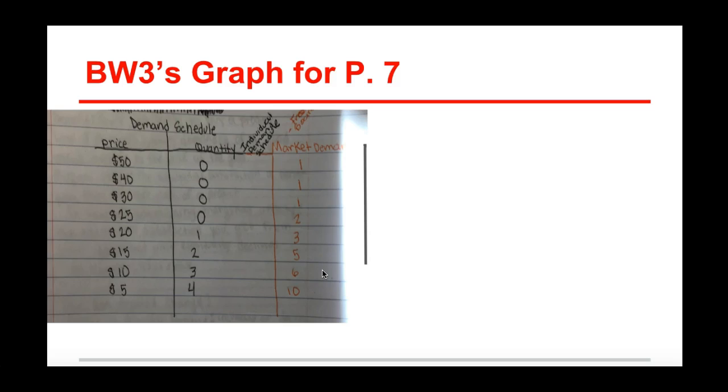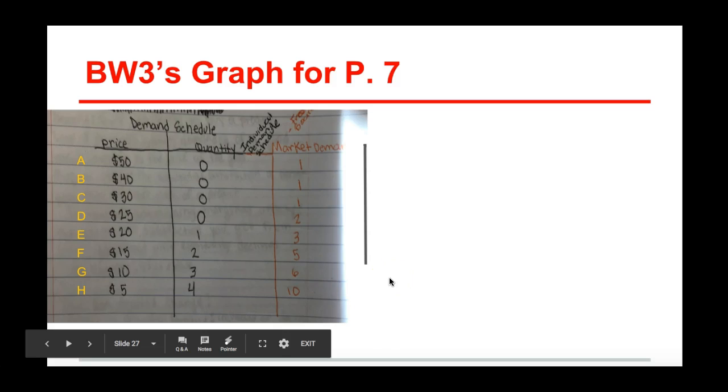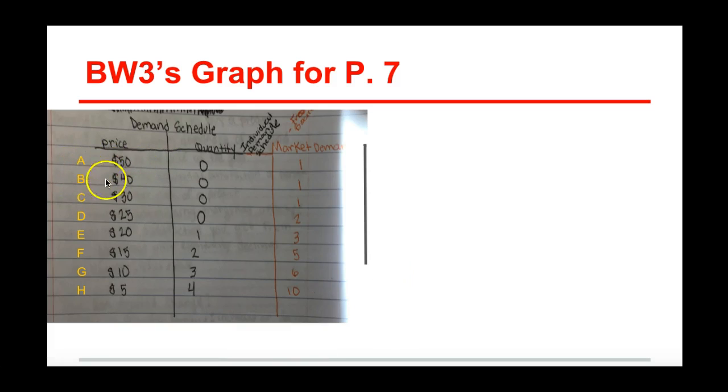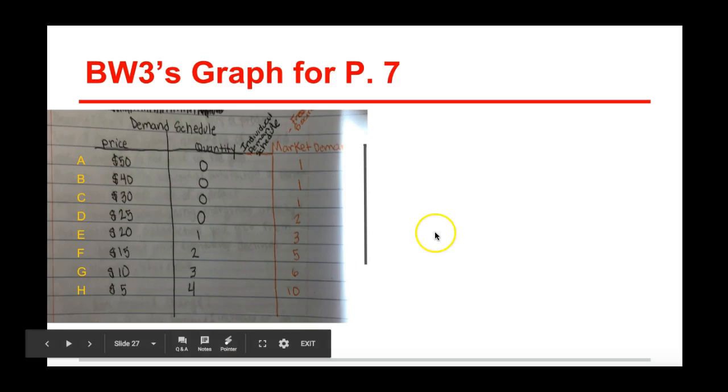Now, we're going to add to this. The first thing I want you to do is, to the left of this schedule, on the price side, I know you don't have a lot of room, it doesn't require a whole lot of room, label each price point A through H, just like I did here. Notice I have A for price $50, B for 40, C for 30, and so on.